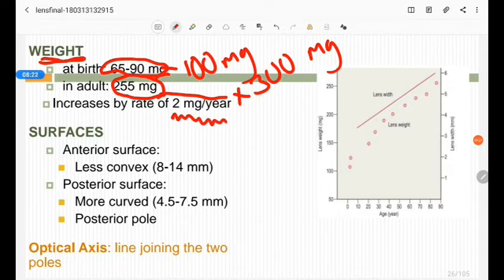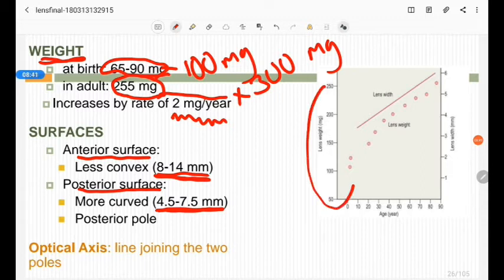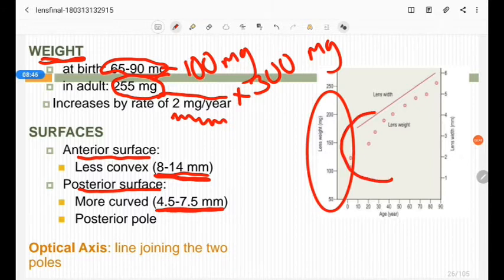Now the next is the radius of curvature. The anterior surface is 8 to 14 millimeters and the posterior surface is around 4.5 to 7.5 millimeters. The anterior surface, as we have discussed, is part of an oval, and the posterior part is a circle.